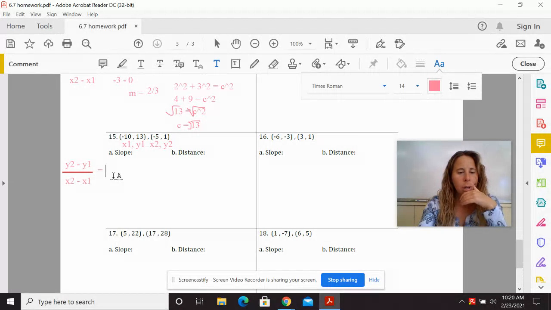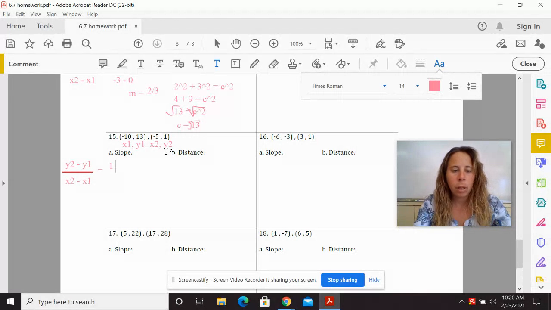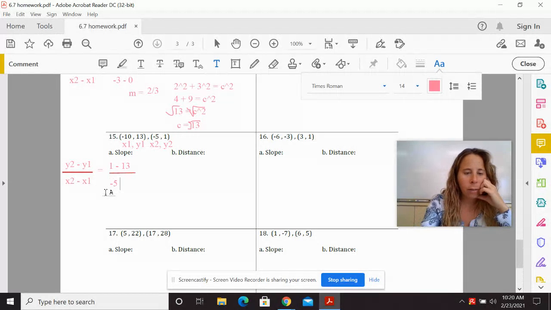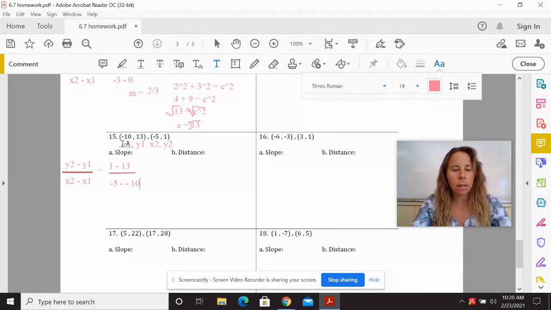So y2 minus y1. y2 is 1 minus y1. y1 is 13. I have 1 minus 13 over x2 minus x1. So x2, negative 5, minus negative 10. Two negatives become a positive.